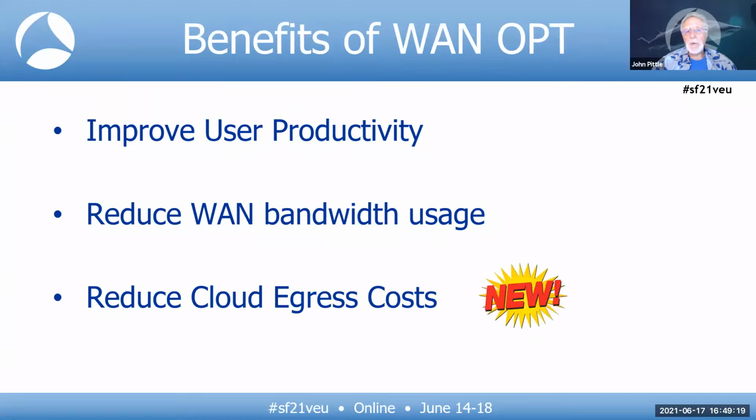But there's a new one around reducing cloud egress costs. For those clouds where your cost is based on how much data leaves that cloud, there's some opportunity to reduce that amount of traffic and therefore reduce the cost. So those are the high level benefits.